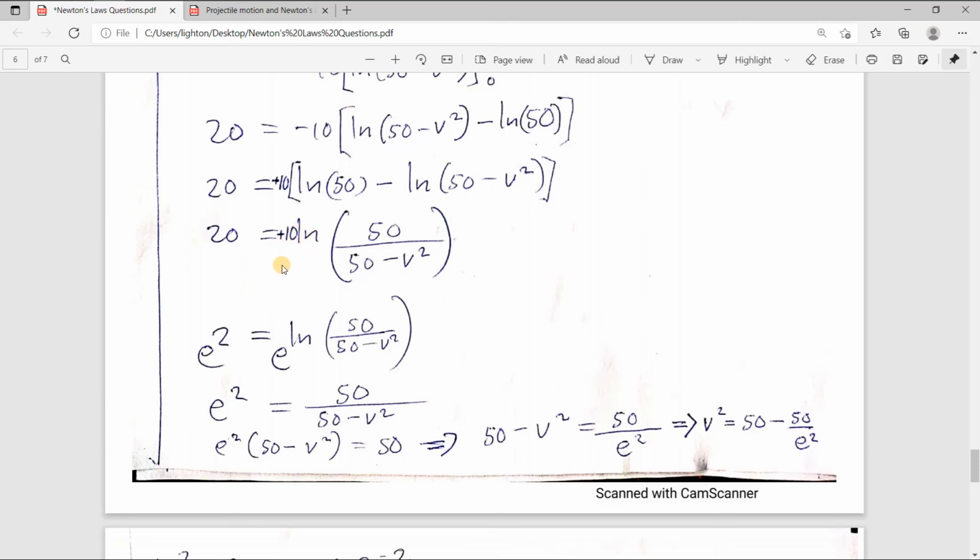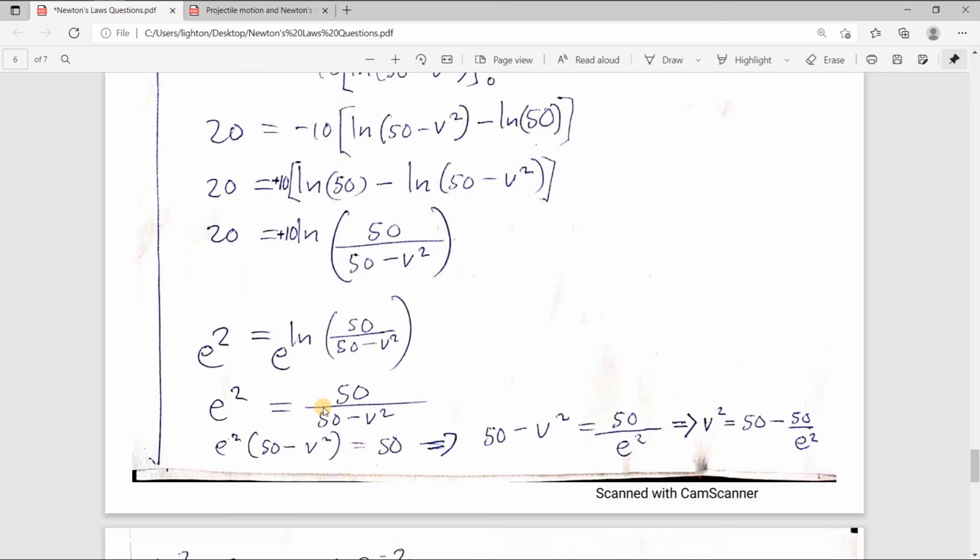So an exponential will cancel with this ln, and we'll just have 50 over 50 minus v squared. We'll just have this term in parentheses. That's how they work. So here we're having exponential 2, and you're having exponential to the ln 50 over 50 minus v squared. This exponential cancels with this, and will just remain this thing dropping down like that.